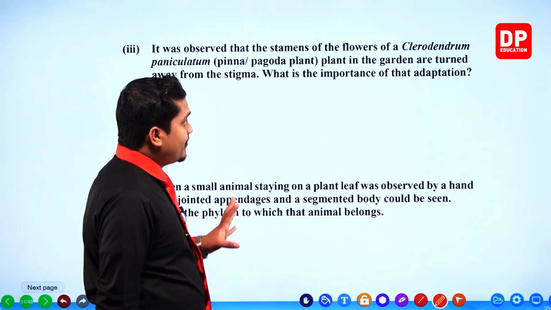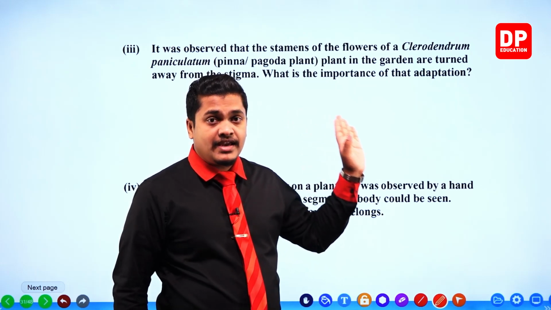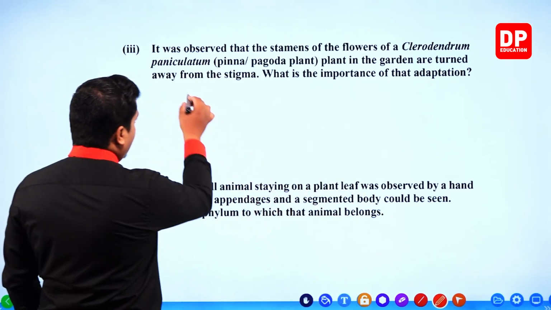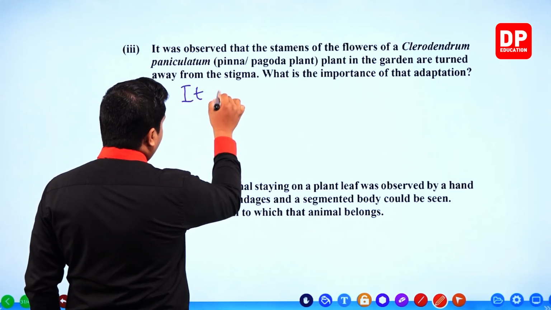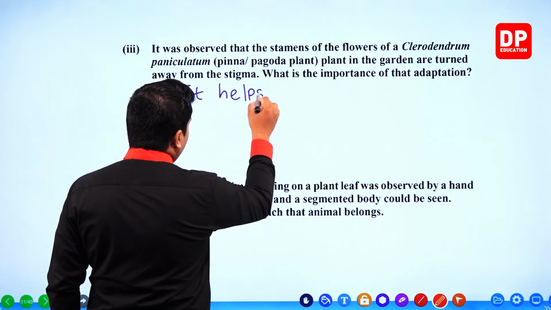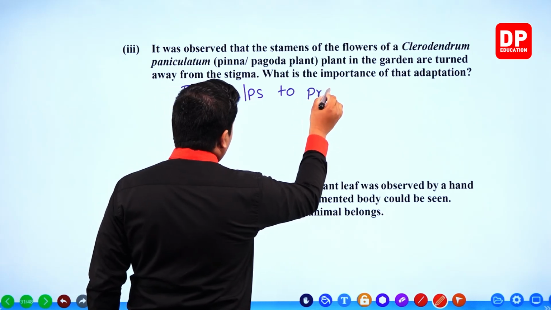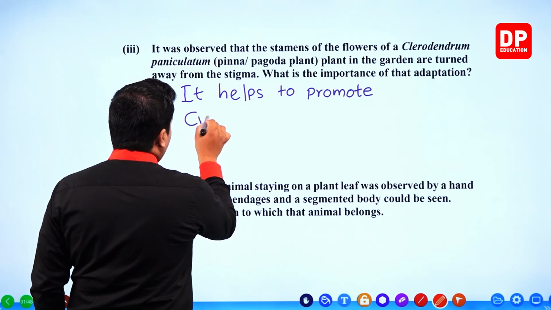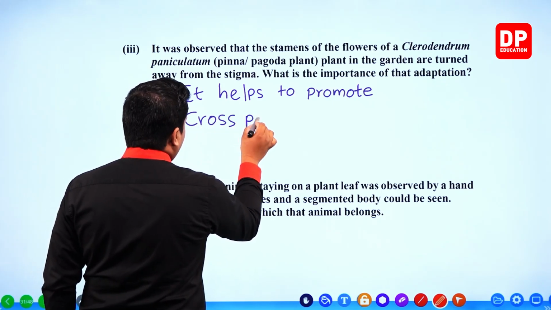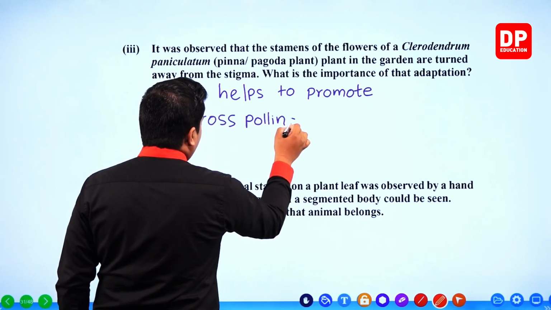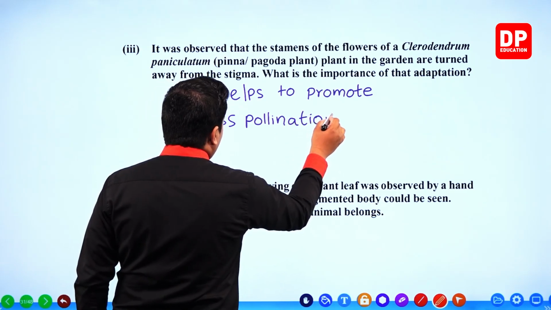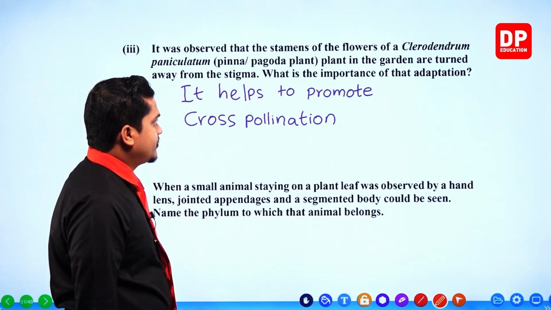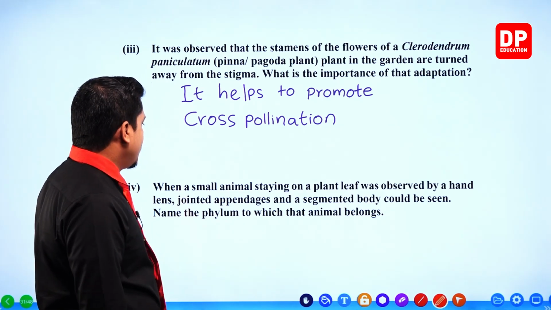So the importance of this adaptation is that it helps to promote cross-pollination. This is the answer. Next one.